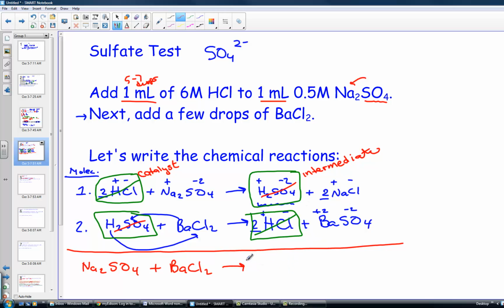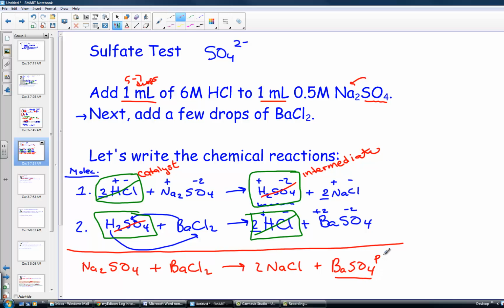What's left over here? We see 2 units of NaCl and 1 unit of barium sulfate. It was a 2-step process to produce the barium sulfate.